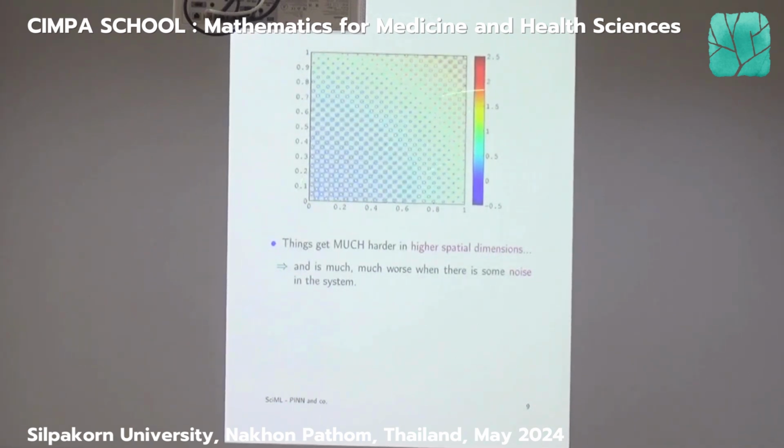In a 2D function, you have to try to minimize this. It gets even worse when there's noise in the system, the optimization becomes impossible for us using classical optimization methods. I spoke about it, and next week, machine learning solves this very, very complicated optimization problem. Here it is.